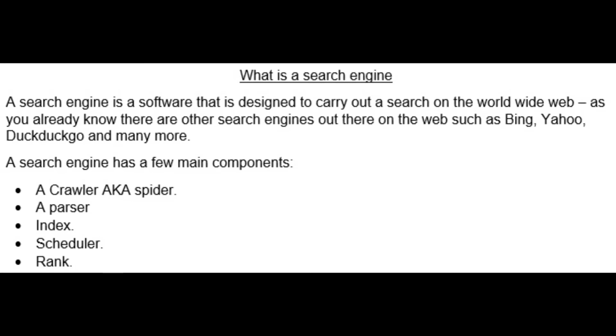A search engine has a few main components: a crawler, also known as a spider, a parser, an index, a scheduler, and rank. Those are some of the main components. There are more. However, we will not be going into further details of these other components in this video.